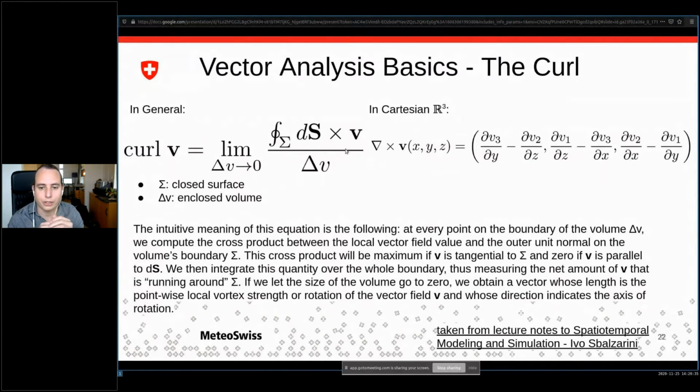And if we encounter a lot of vectors which are perpendicular to our outside normal, we will get a result vector which reflects the strength of the vorticity, like how strongly the current vector field flows or circulates around this infinitesimally small volume.